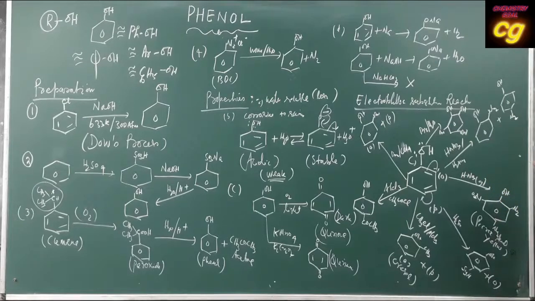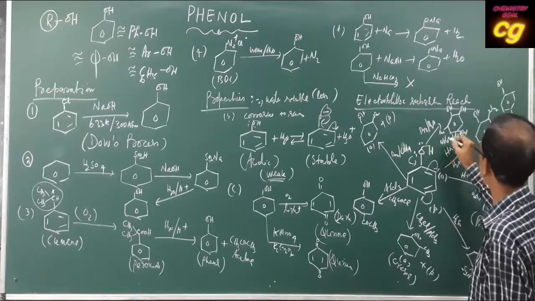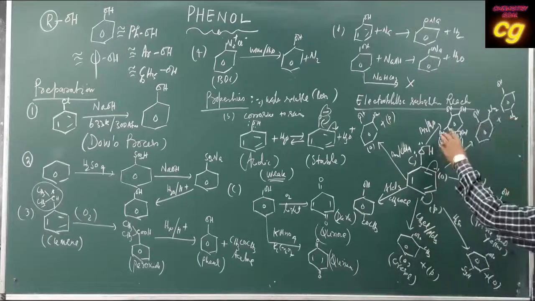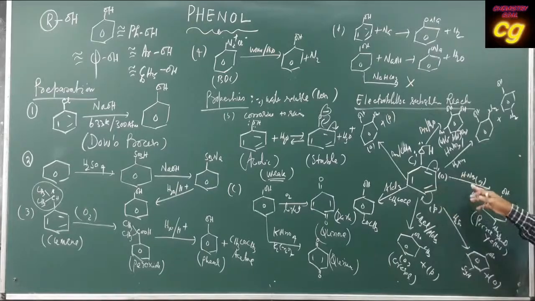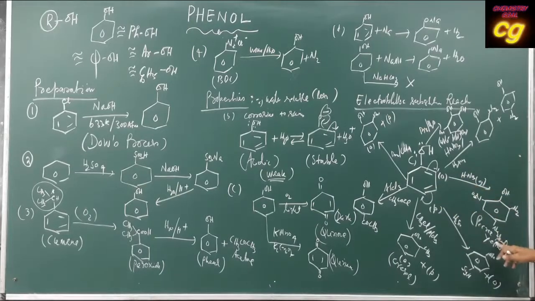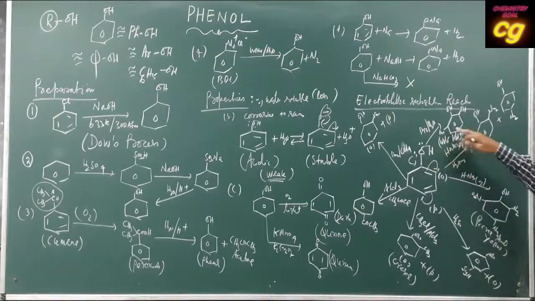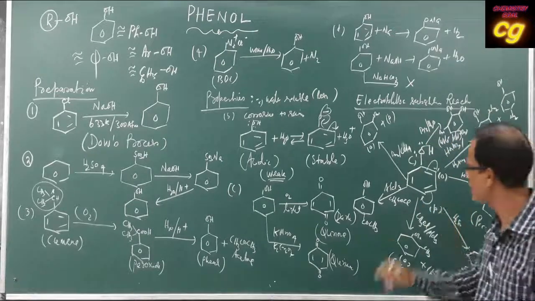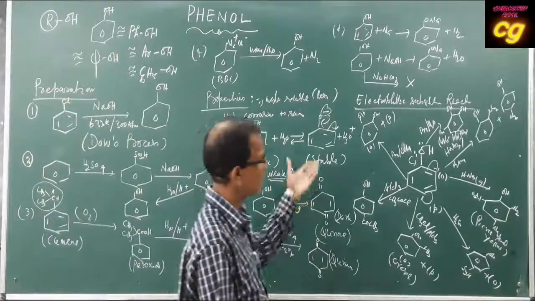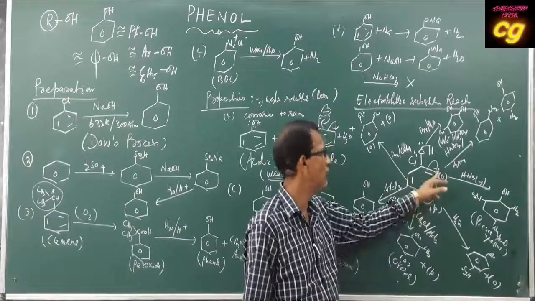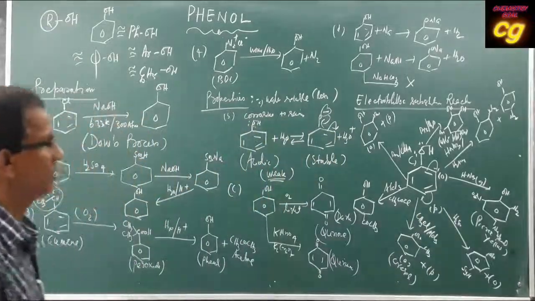Tribromophenol is formed, which gives a white precipitate. That is a very important indication. Similarly, phenol can be identified by adding fuming nitric acid, where a yellow precipitate is formed. When bromine water is added to phenol, it gives a white precipitate of tribromophenol. This is very important: the electrophilic substitution reaction of phenol occurs at ortho and para positions due to more electron density by resonance. You already know this concept.